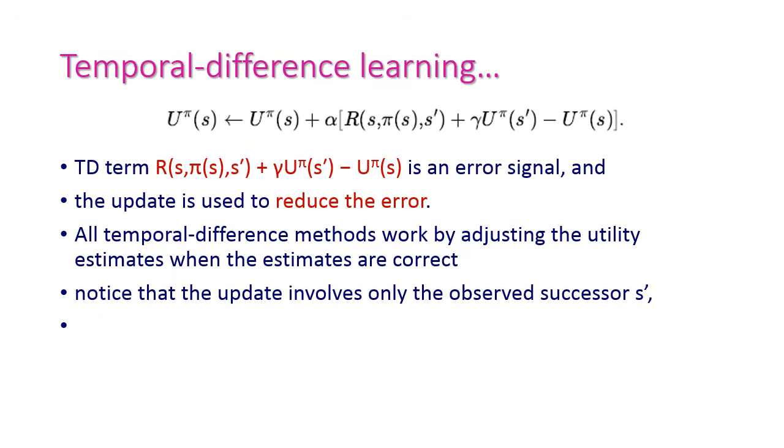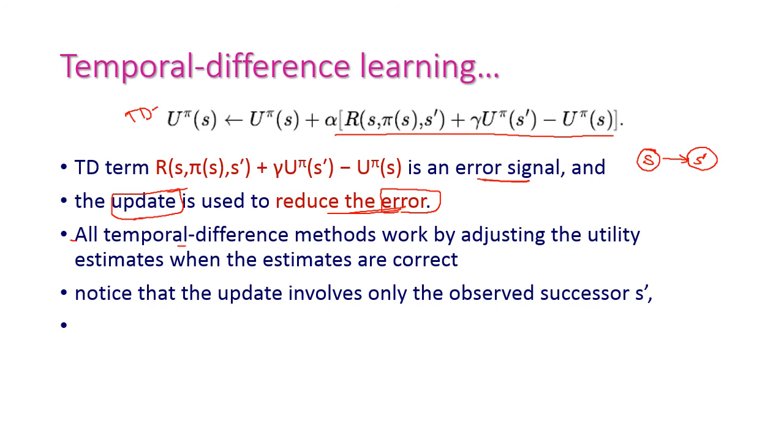In this equation, this particular portion is called the error signal, and the update is used to reduce the error during the transition function from S to predicting S dash in an unknown environment. So to reduce the error rate, we have to use this temporal difference equation.